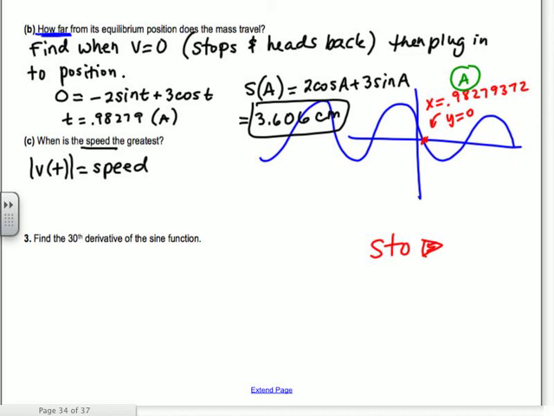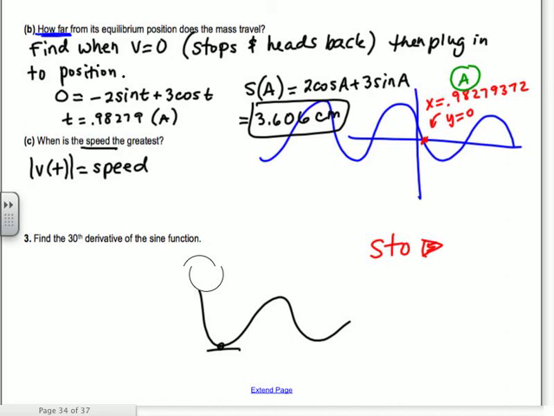So we're trying to find when the speed is the greatest. So we're going to find the derivative of our velocity function, which is the acceleration. We want to know when the velocity is maximized or minimized in this case. So does that make sense? If I graph the velocity function, I want to find when it's at its highest or its lowest. And I want to find the biggest value for it.